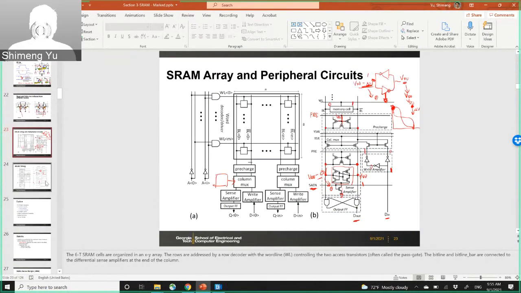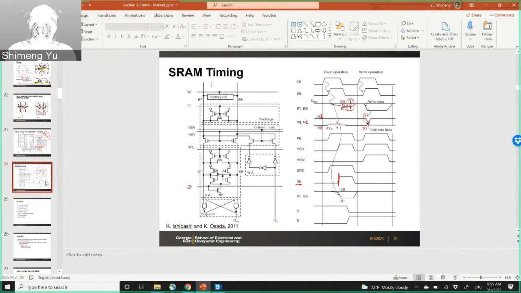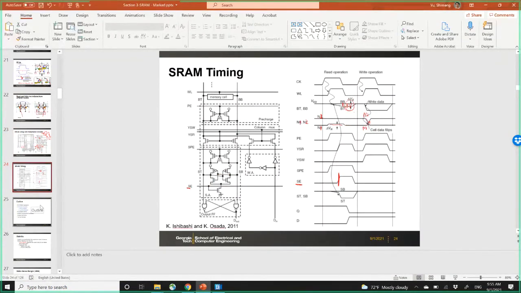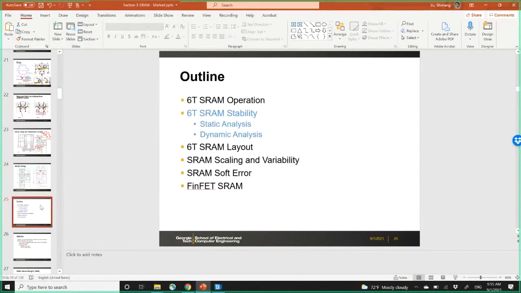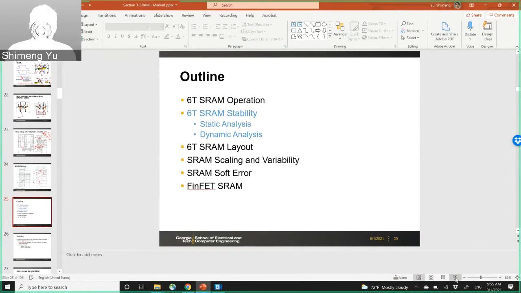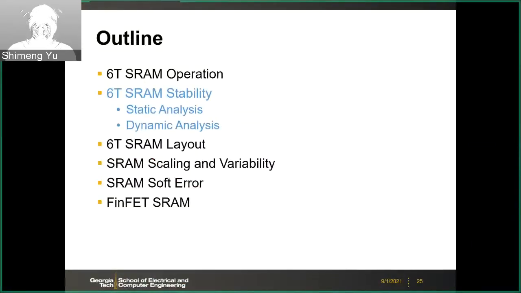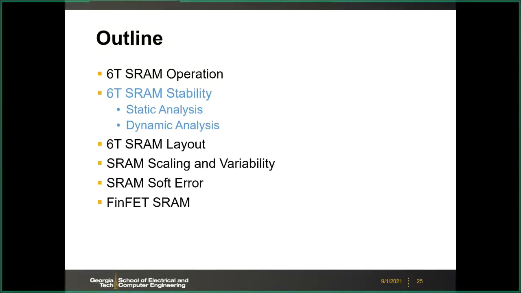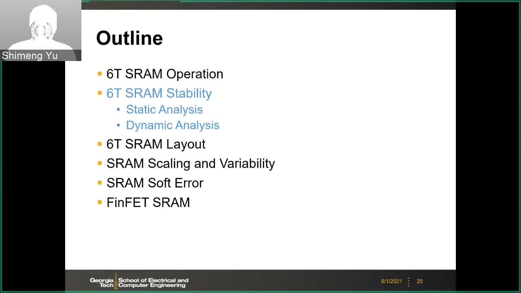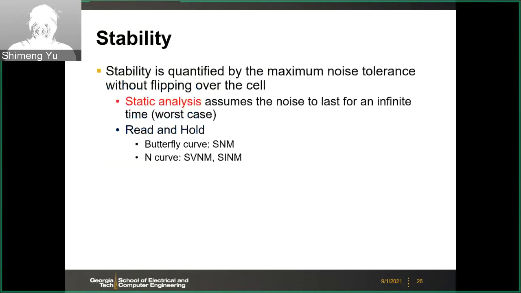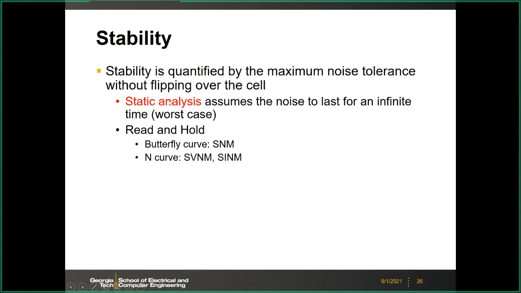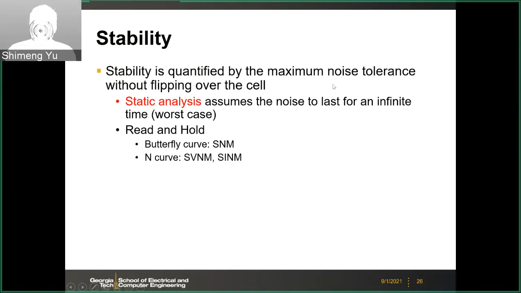So here, we will have more discussions on the SRAM stability. This is to talk about the noise margin. So the stability is quantified as the maximum noise tolerance without flipping the data.